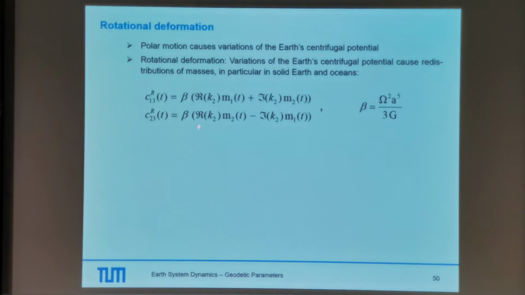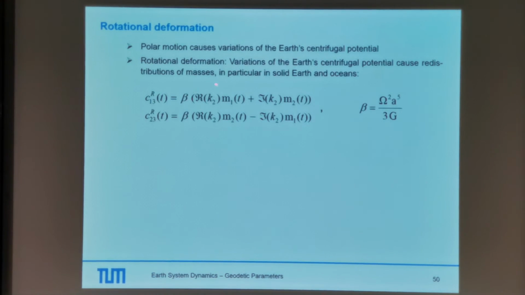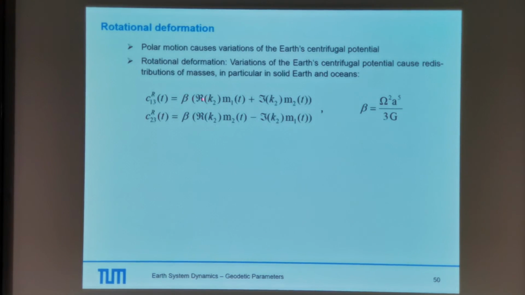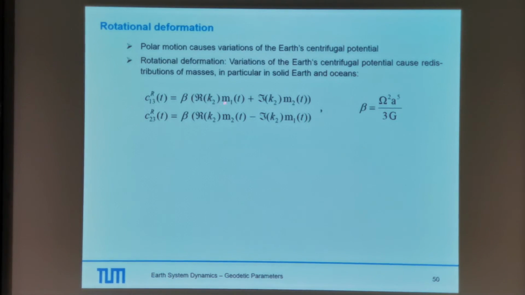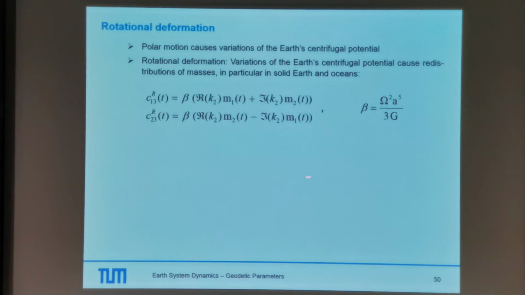And on the right-hand side, we have this expression: R of k2 times m1, that's the quantity of the Earth rotation vector we already had, plus I of k2 times m2. Beta is only an abbreviation for a scaling factor, but important are these R and I quantities here.